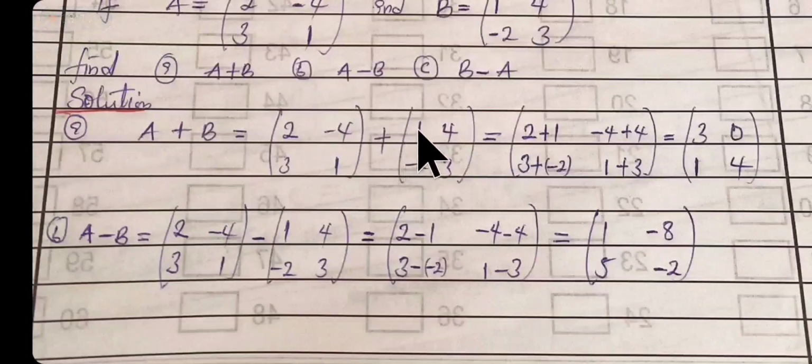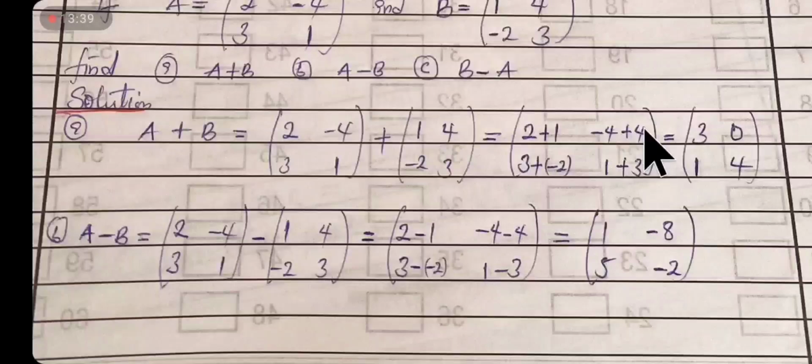2 plus 1 gives the first entry, minus 4 plus 4 the second entry, 3 plus minus 2 this entry, and 1 plus 3 the last entry.